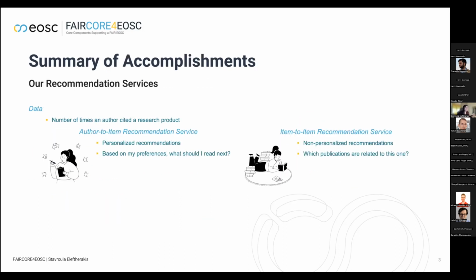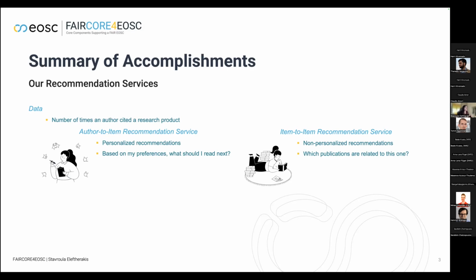So what we have done so far is that we extracted citation information from the RDGraph, and we collected the number of times an author cites a particular research product, and we used those data in order to train two recommendation services, essentially.